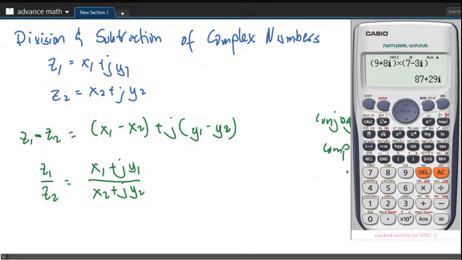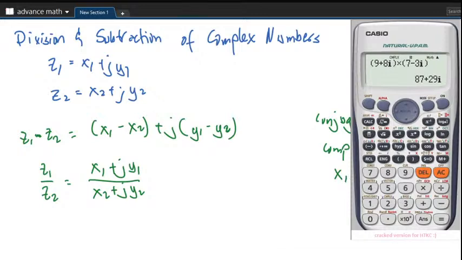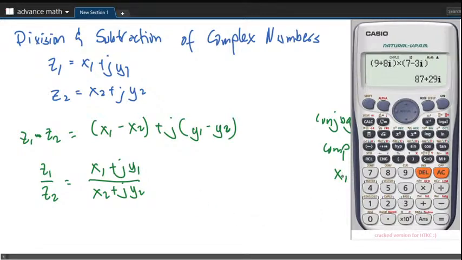So the conjugate of a complex number: if you have our complex number x sub 1 plus j y sub 1, the conjugate is just the same real part and imaginary part, except the sign is opposite. So the conjugate of this one is x sub 1 minus j y sub 1.